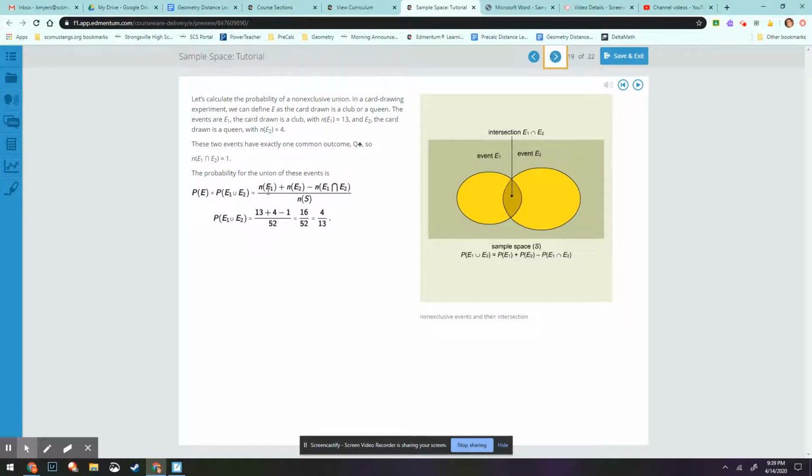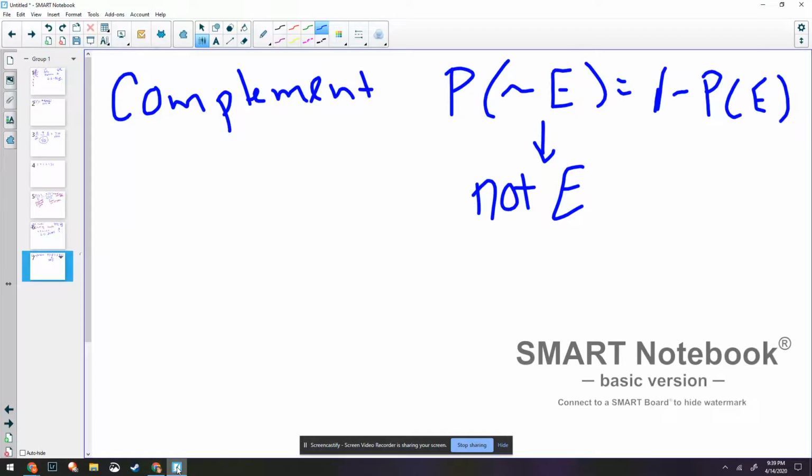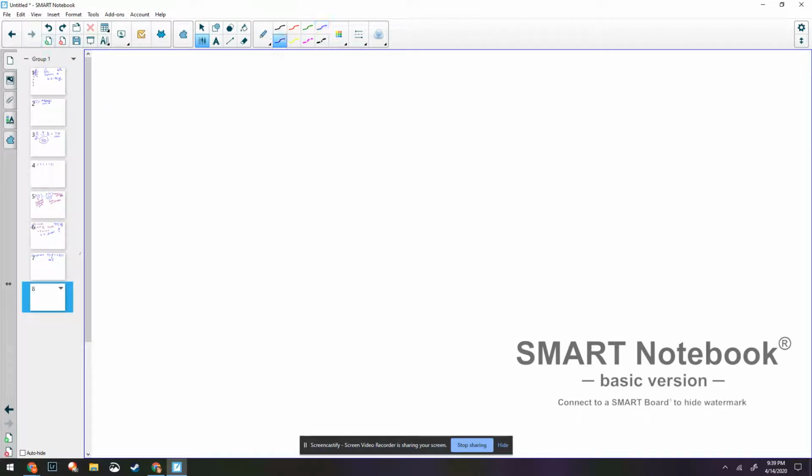So this all looks kind of crazy here, but what we're doing is finding the probability of drawing a card that is either a club or a queen. I'm not going to use this notation, but I'm going to come over here. So I want to know the probability of getting a club or a queen.